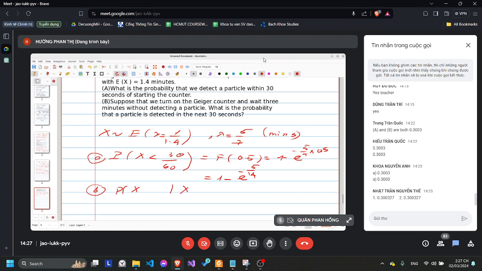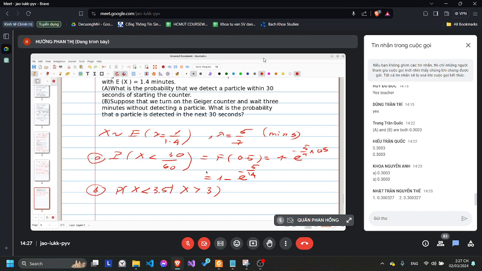It means that surely S must be greater than 3 minutes, because S is the time until you get the first particle. Moreover, we want to find the particle within the next 30 seconds, so it's less than 3.5. Okay, agree?